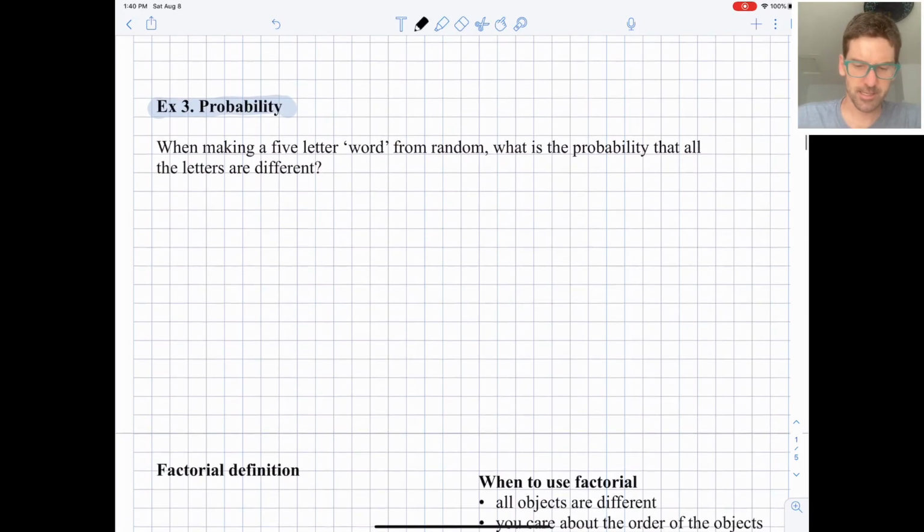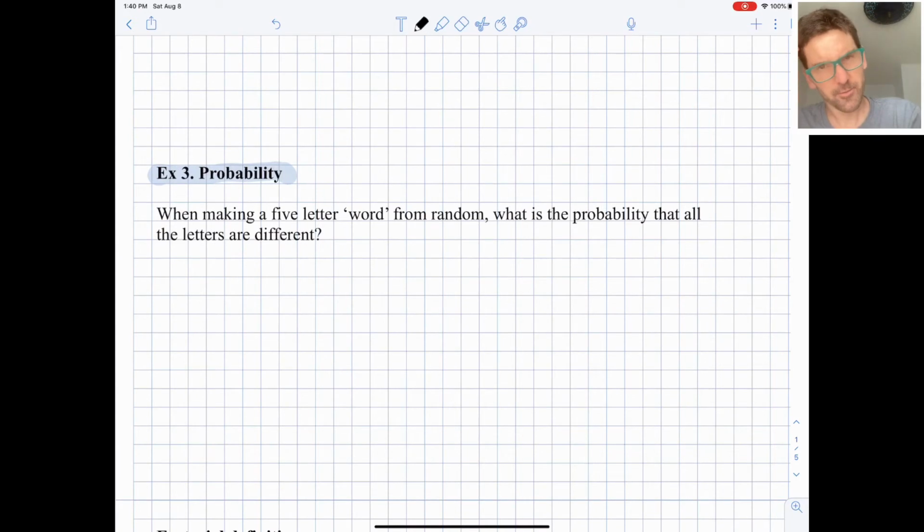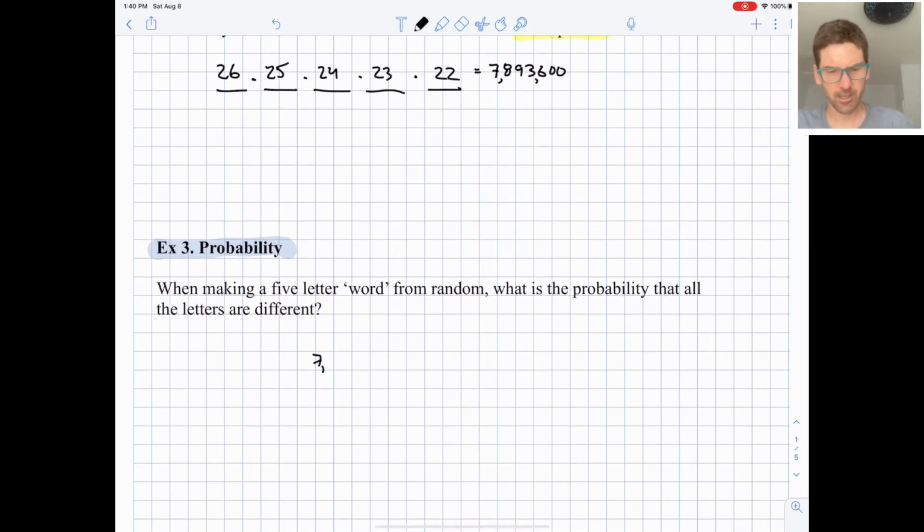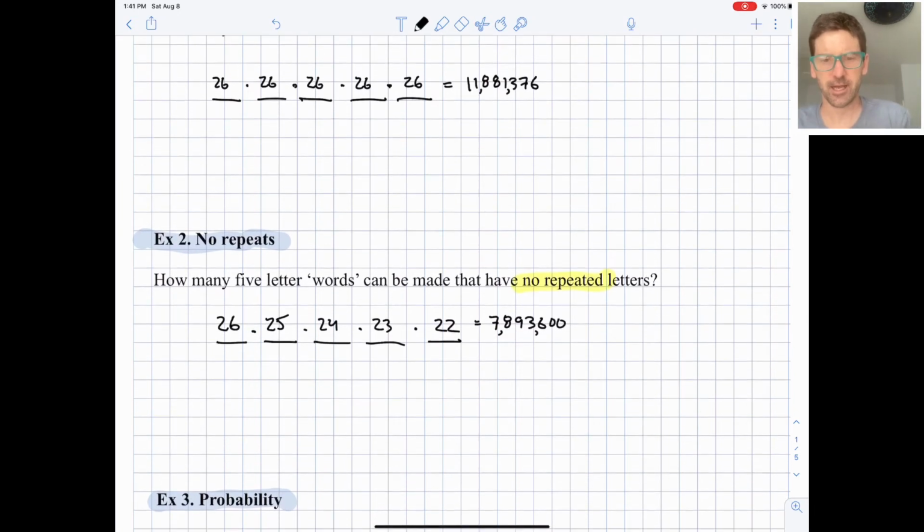And then as our last warm-up problem before I really teach you what factorial is, the question asks, when making a 5-letter word at random, what's the probability that all the letters are different? Well, we can just take the 2 numbers that we already have. Remember, probability is the number of ways of getting what you want, so the number of ways of getting all different letters, divided by the number of total things that could happen. And in this case, the total is this 11 million number.